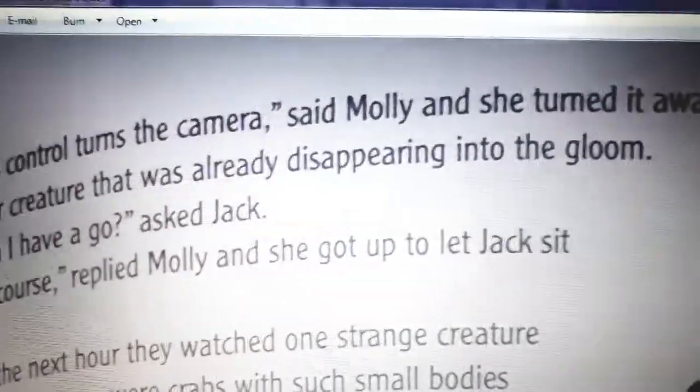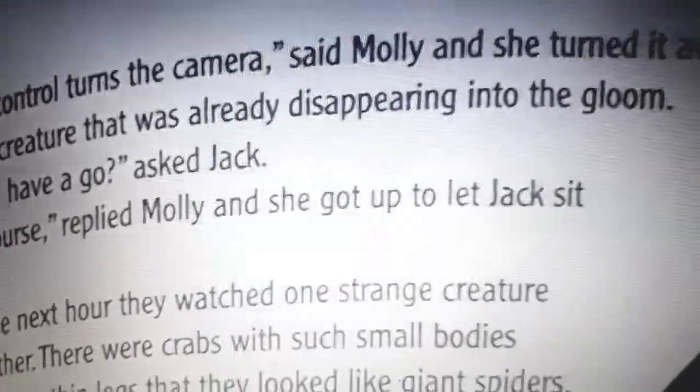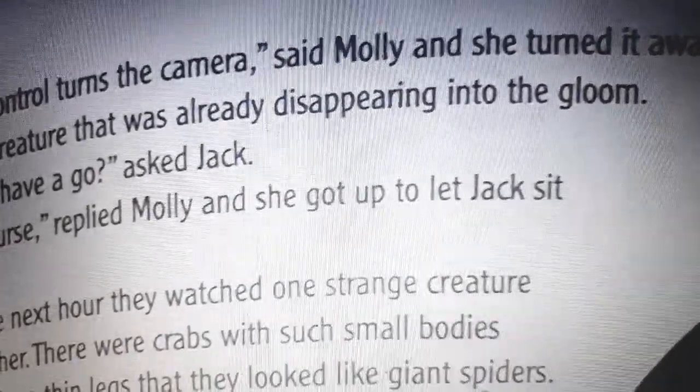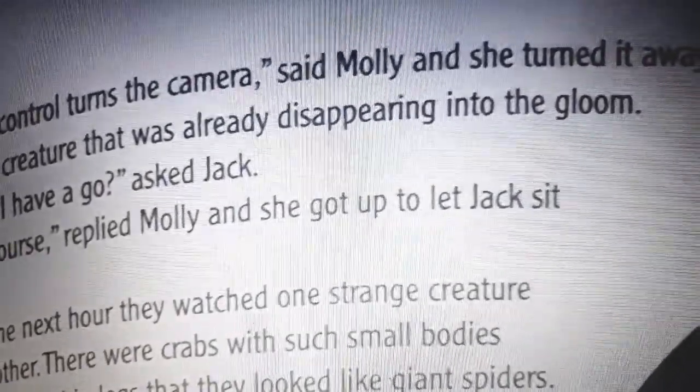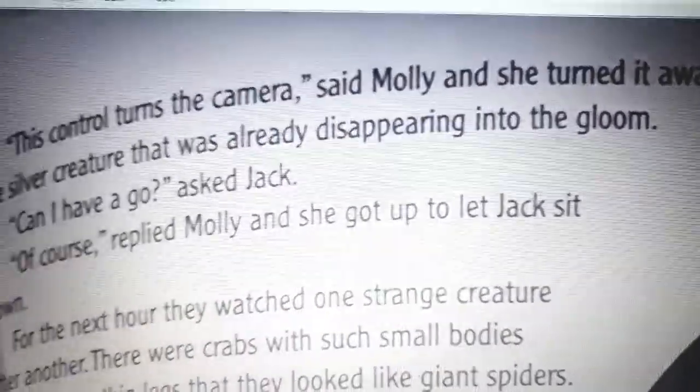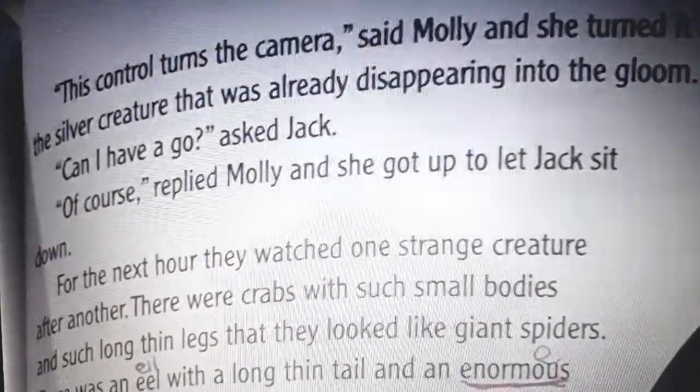So this silvery creature was already disappearing into the gloom, into the darkness. Can I have a go?